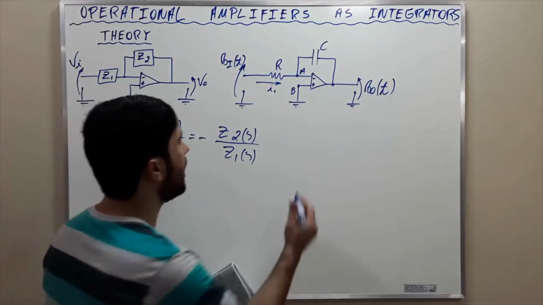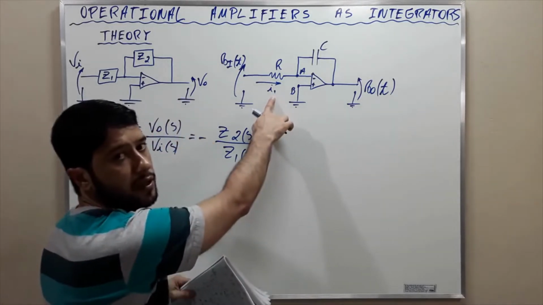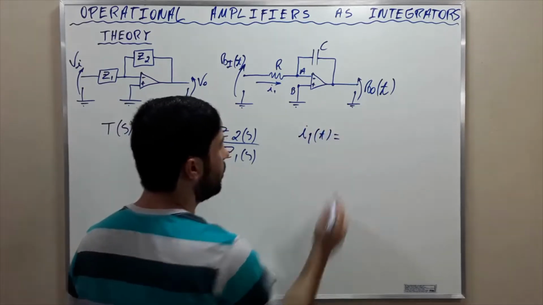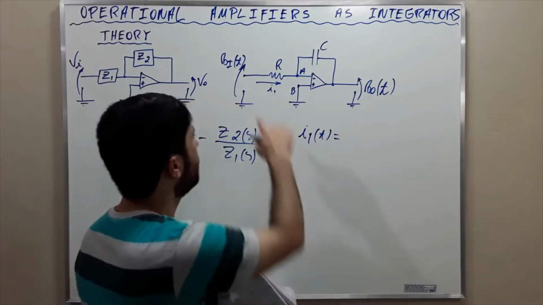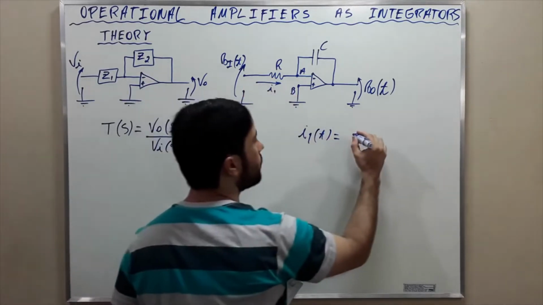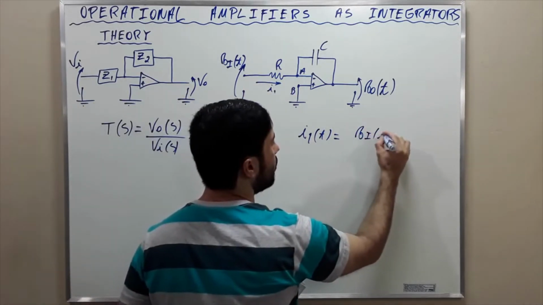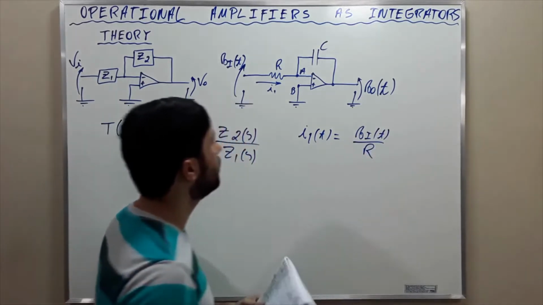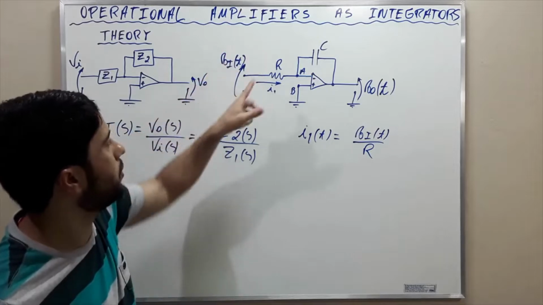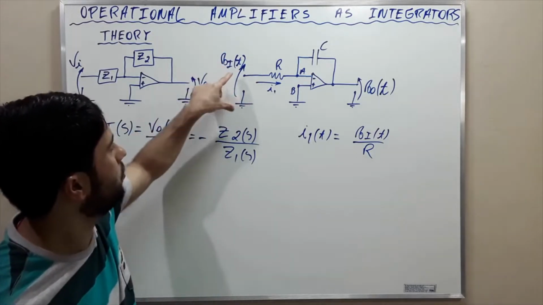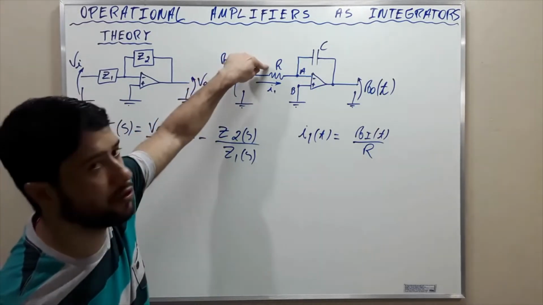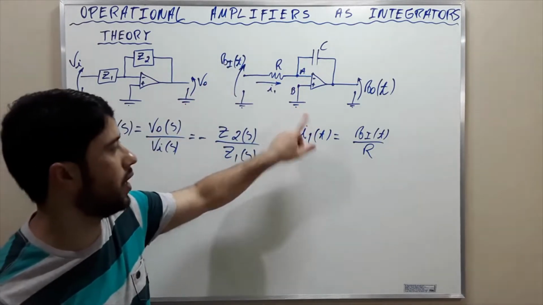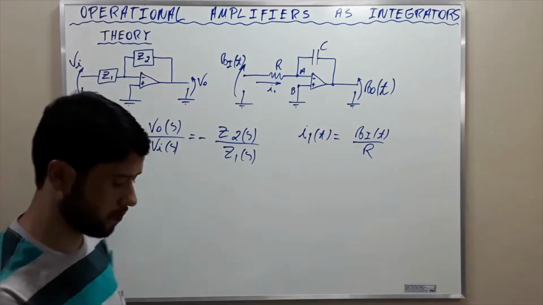Then the current I1, this current here, is equal to the input voltage Vi of t divided by this resistance here, okay? Because this voltage here is equal to the voltage drop here plus this voltage here, which is 0. Then the current is this.